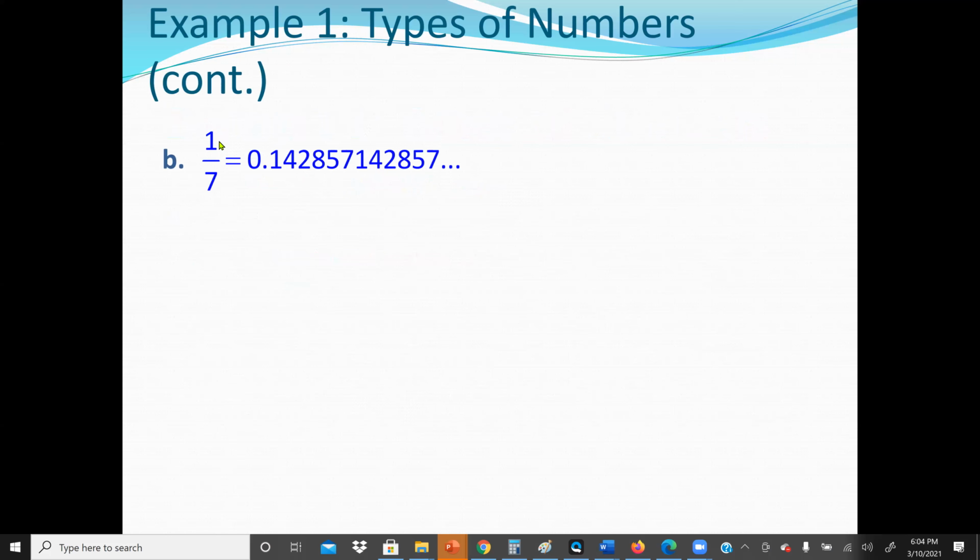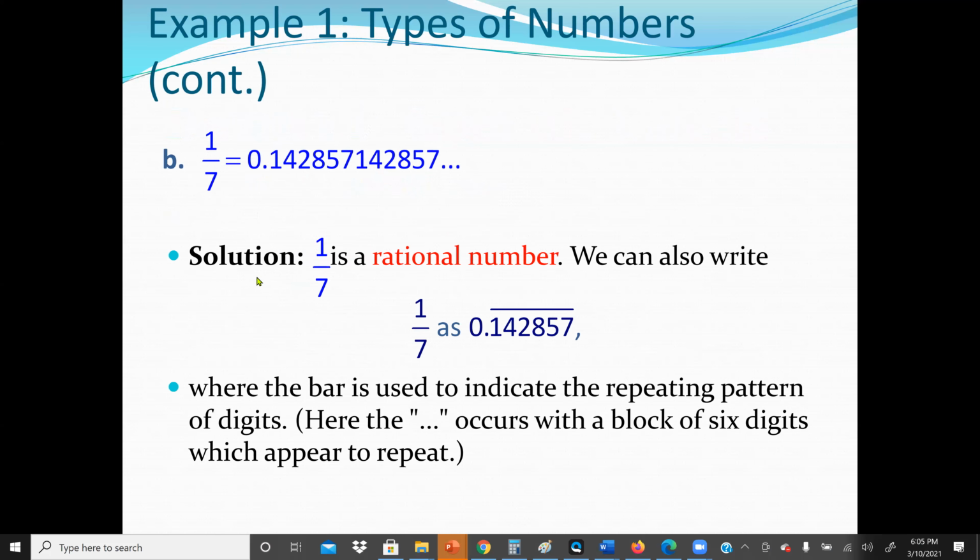And second, we have 1/7. 1 divided by 7 will give us 0.142857142857, and again we have repeating infinite digits. So 1/7 is a rational number because we can also write it as 0.142857 with a bar, where the bar indicates the repeating pattern of digits.